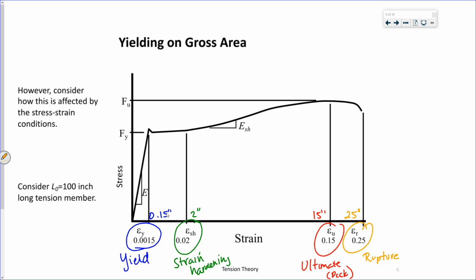And defining these can vary a lot. These specific strain hardening onset, peak, and rupture, right? Strain hardening and peak can vary a lot, so it's easy to just go back and pick yield stress.